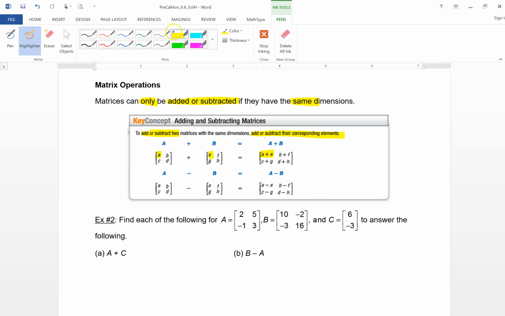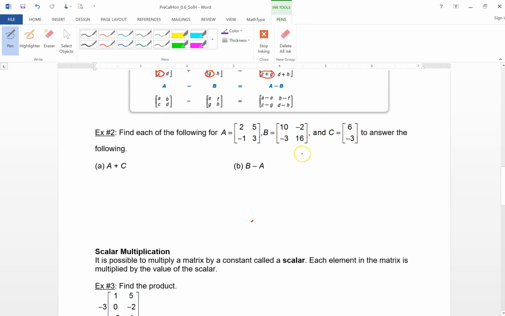Similarly, this one is second row, first column. You add it to second row, first column, and in the answer space, it goes in second row, first column. Okay? All right, let's do a couple of examples, and it'll sink in.